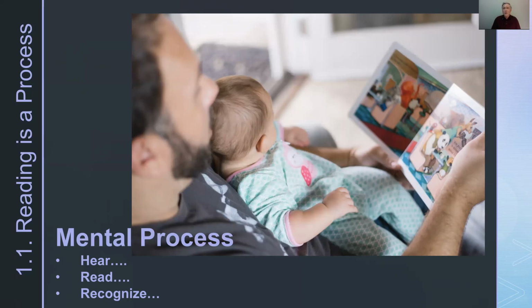Perhaps the most memorable point for a parent is when the child recognizes the word mama or papa with a person that is mama or papa and starts calling them by that name.